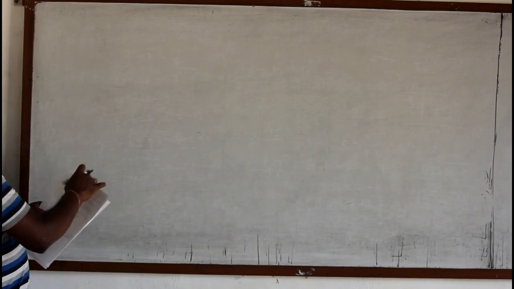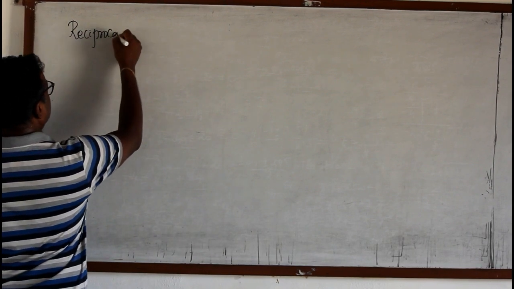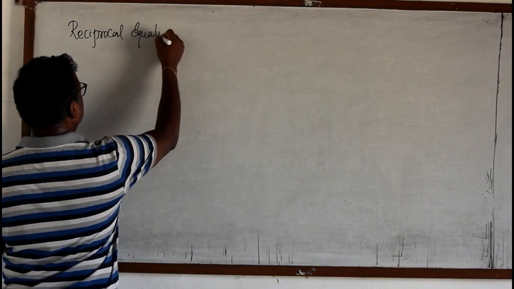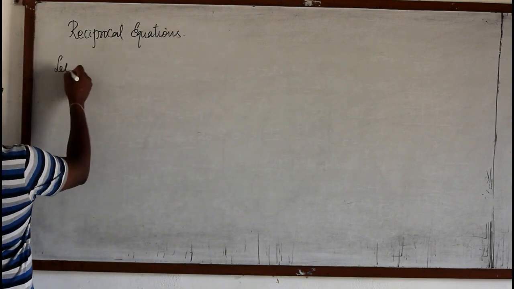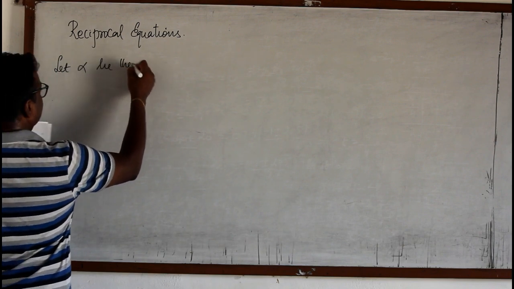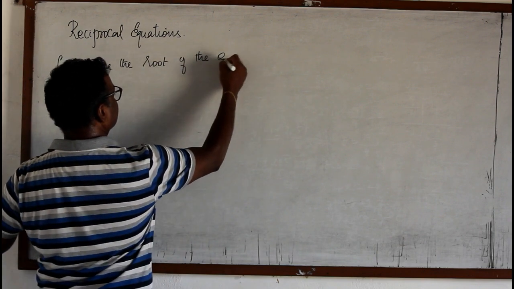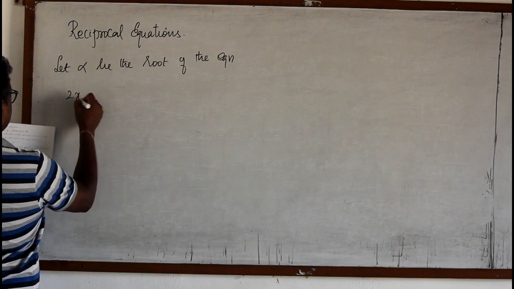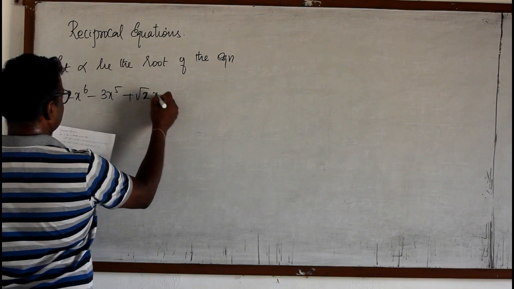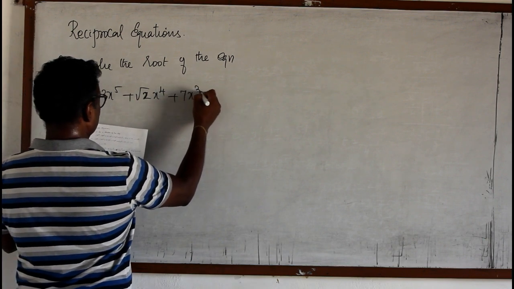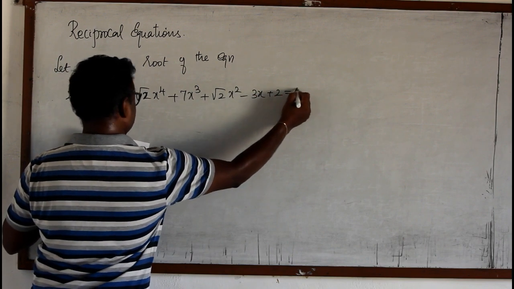Now we shall go to the next exercise. It is reciprocal equations. Suppose I take, let alpha be a root of the equation 2x power 6 minus 3x power 5 plus root 2 x power 4 plus 7x cube plus root 2 x square minus 3x plus 2 equal to 0.